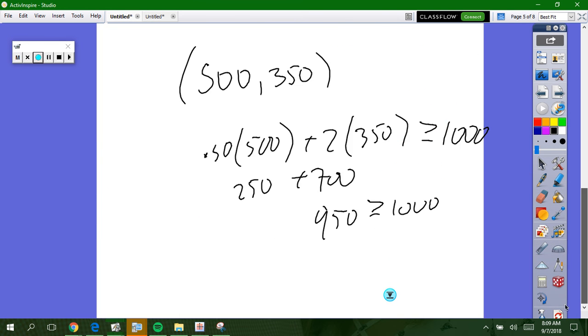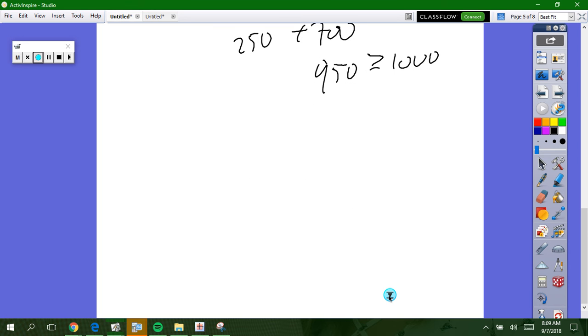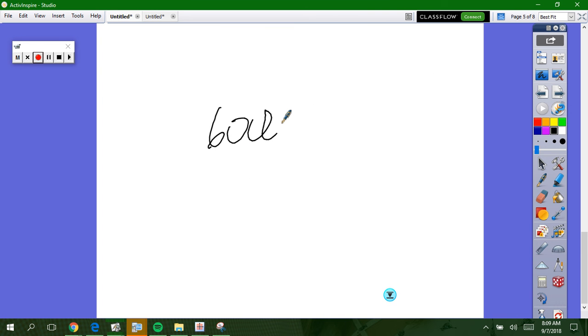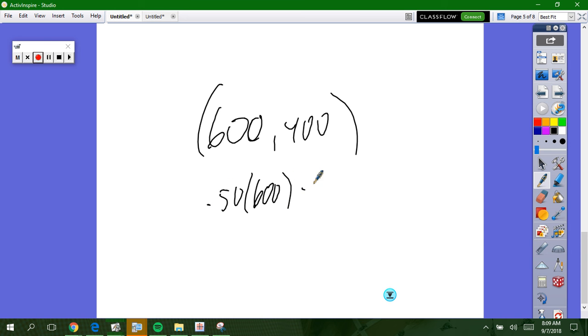Okay, part C says what? 600 candy bars and 400 candles. Thank you. Okay, so let's try it again. So I got 50 cents for every 600 candy bars plus $2 for every 400 candles.